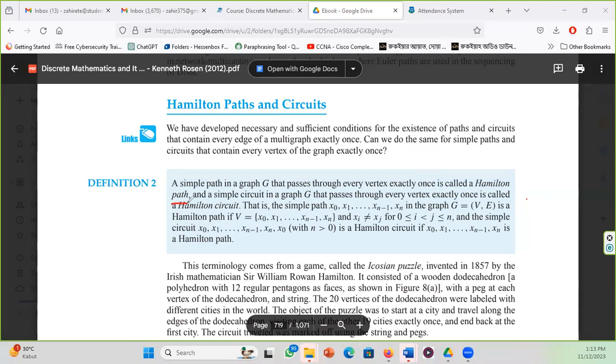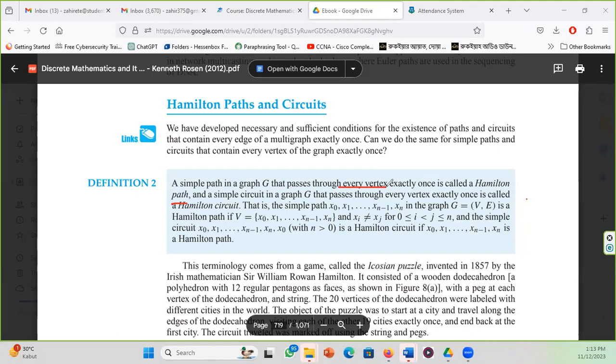Okay, I just made confusion between these two. So in the Hamiltonian path, through every vertex, what does it mean? Every node, yes, you need to touch every node.